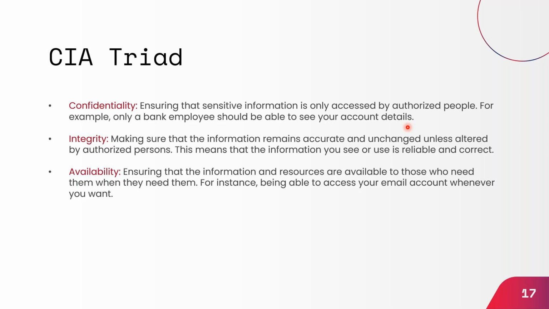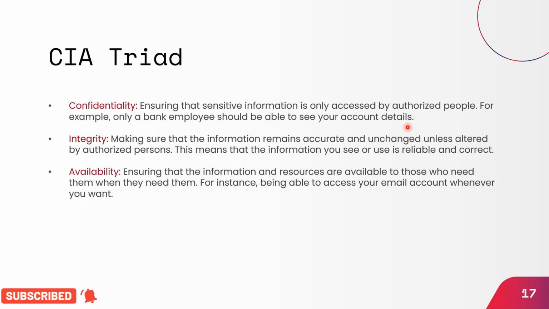And availability, ensuring that the information and resources are available to those who need them when they need them. I mean, authorized persons, whenever they want to access their information, that should be available for them 24 by 7.